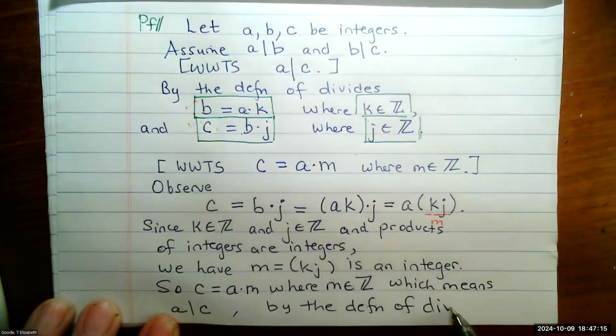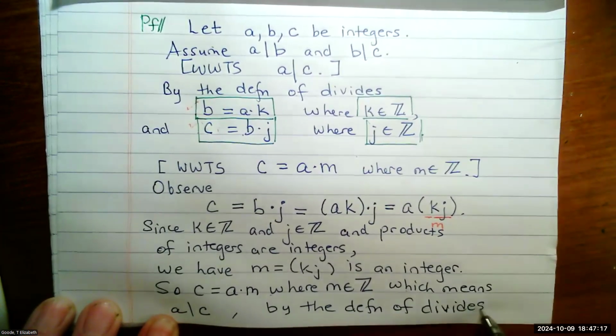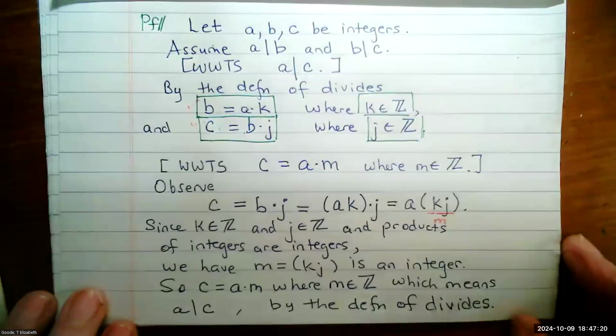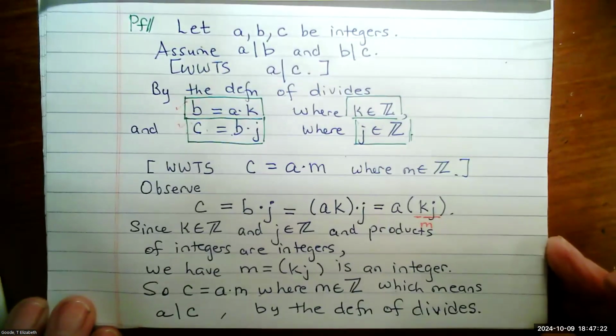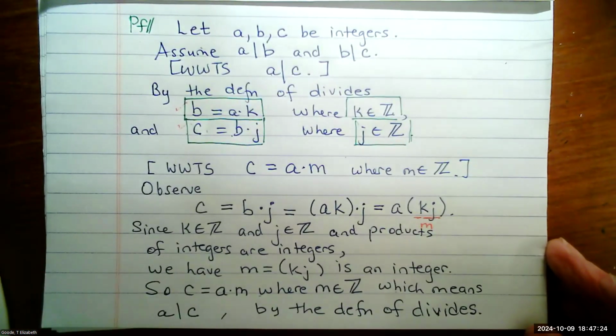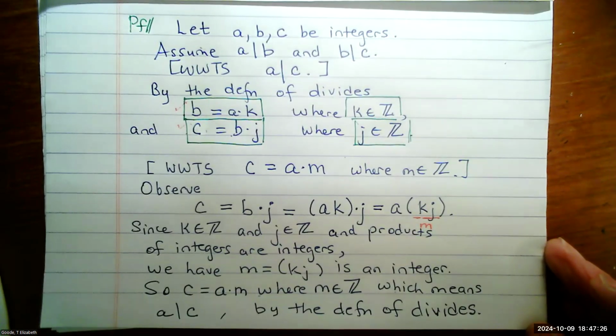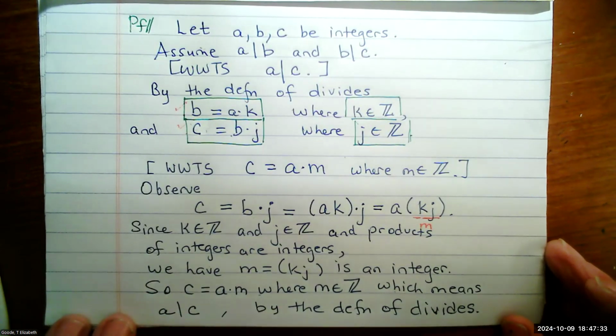So it's simple substitution. If we get our equations right, we're all set. And getting our equations right is just a matter of practicing with that definition of divides until you feel comfortable with it. Questions?